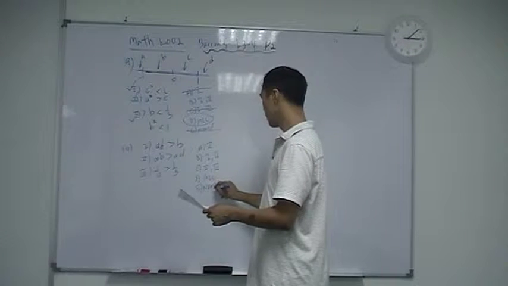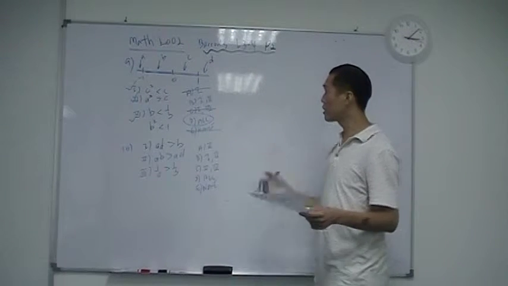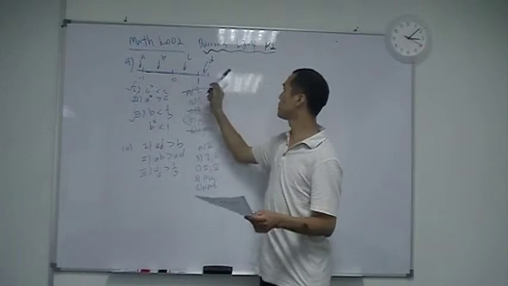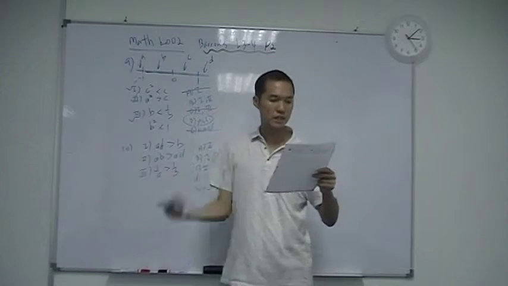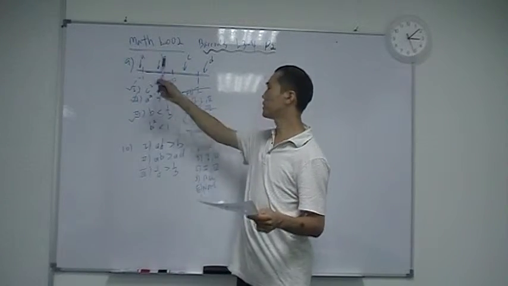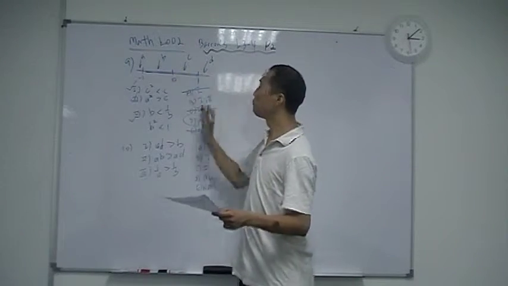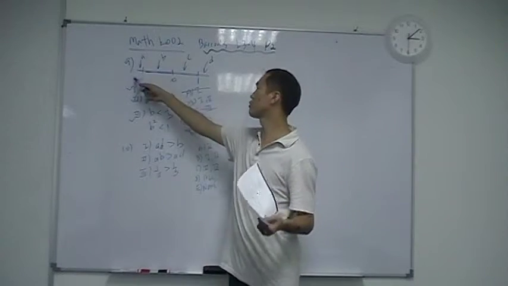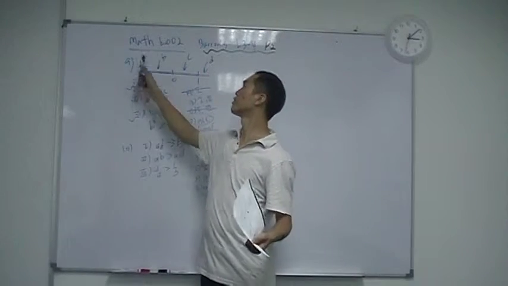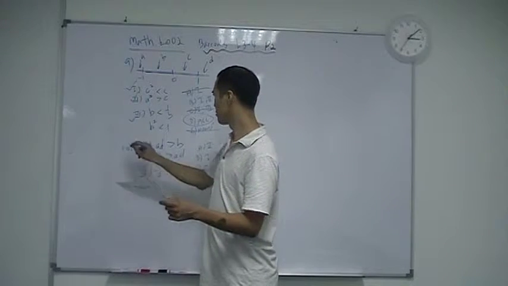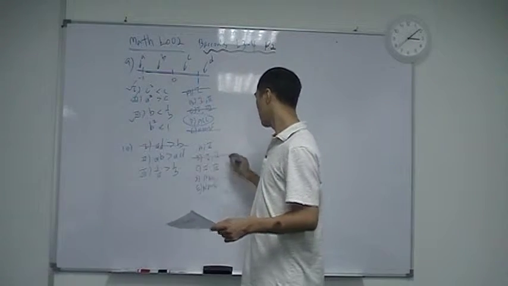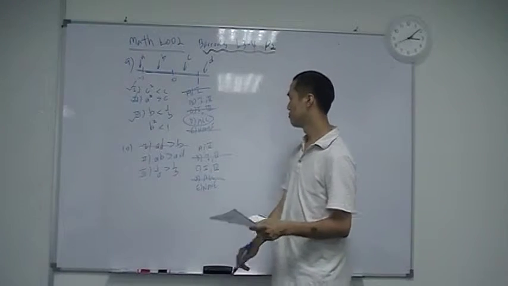Okay. So AD greater than B, A times D. The negative times the positive is always negative. B is negative, but this is more negative. Let's say negative 2 times 2 is negative 4. Negative 4 is over there, so it's always smaller than B. So 1 is out.